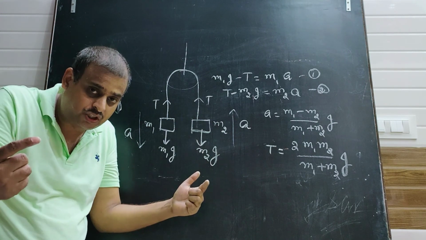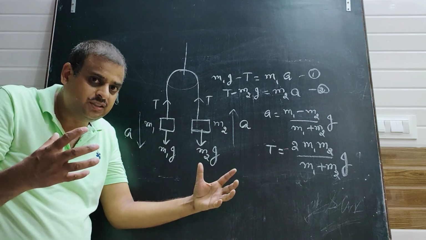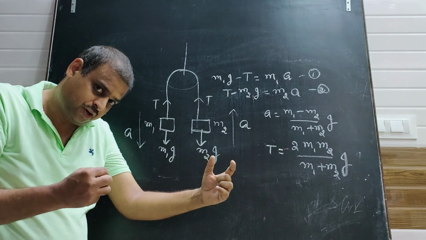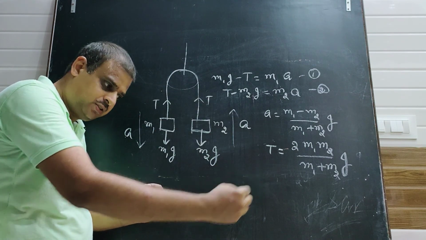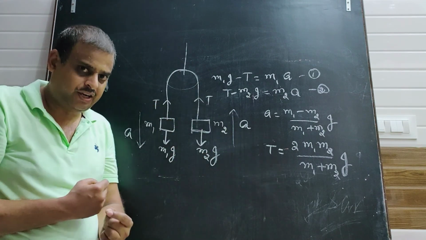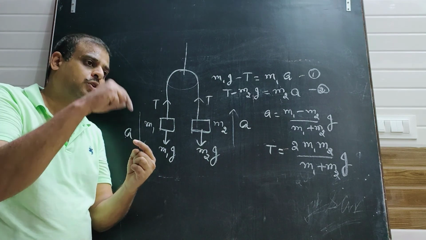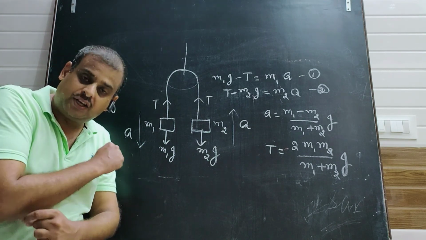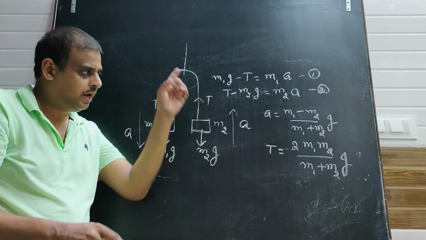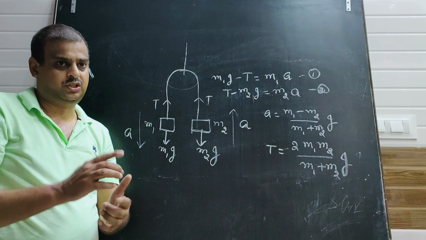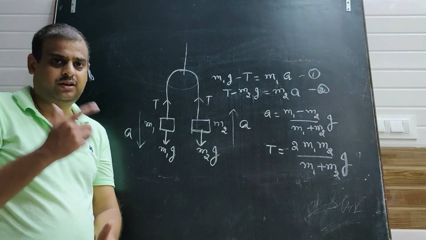What is the connected motion? The motion of two bodies, where the first body's motion is affected by the second body's motion. We found out the problem for mass pulley at different angles. We obtained the case with friction or without friction, and for different angles we obtained the value of acceleration and the tension. And also we did one numerical on it.